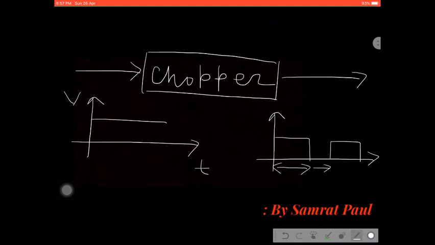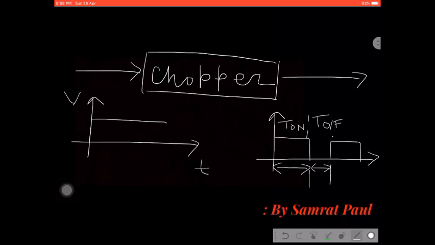As we know, every converter or inverter circuit or chopper circuit depends on the switching frequency and the switch. When the switch is on, the voltage appears across the load, and when the switch is off, no voltage appears across the load. Suppose this is the T on time and this is the T off time.